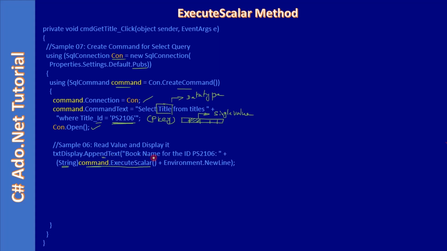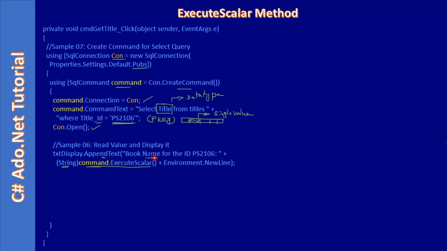To the AppendText method, we are forming the string, and to this string we are directly executing the ExecuteScalar method. The returned string, we are appending it here. Book name for the ID PS2106 is whatever is returned by this query.